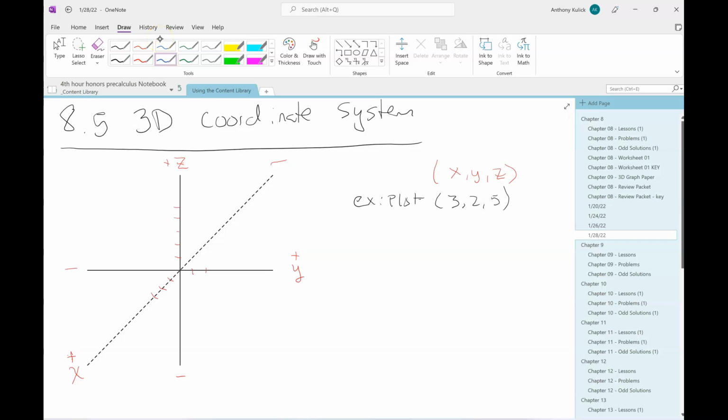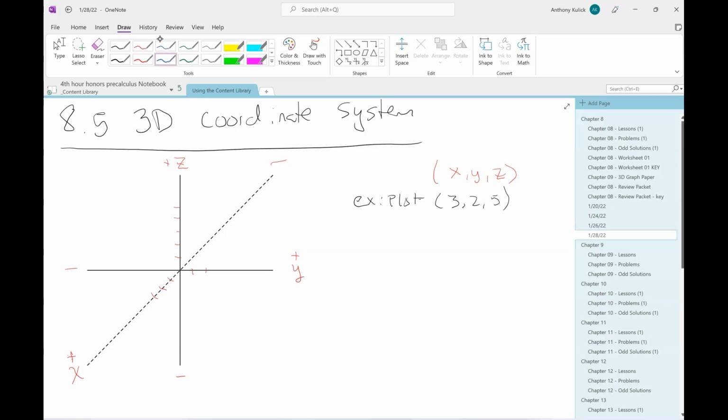Everybody's okay there? When we graphed things in 2 dimensions, it was clear how to do that, because you just do x over, y up. But now there are 3 dimensions and you're doing it on a 2-dimensional sheet of paper, so it's kind of weird. What this boils down to is we're going to build a box.